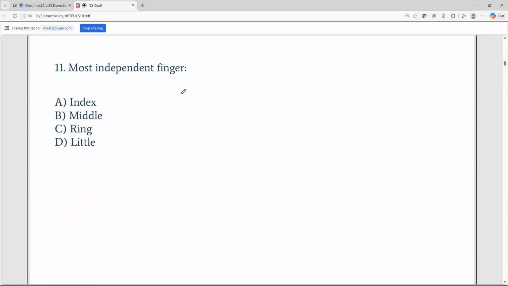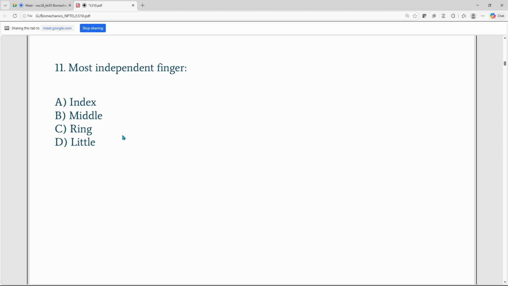Next question. The most independent finger from the study is what? Options are option A, index finger, option B, middle finger, option C, ring finger, option D, little finger.